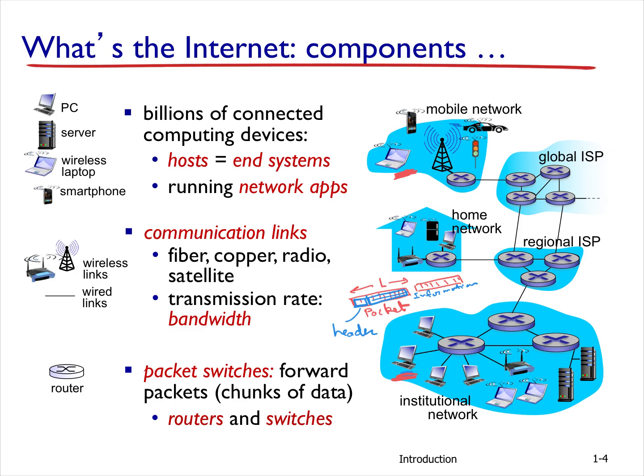One way is you simply reserve a fixed path between the two, right? And whatever data you send, it will always go through this path, and it is reserved. So nothing else goes through this whole path except the data coming from this source to this destination. Okay? This is called circuit switching.